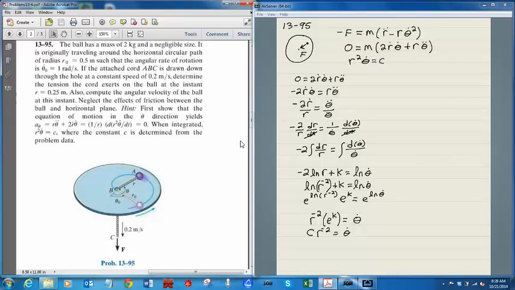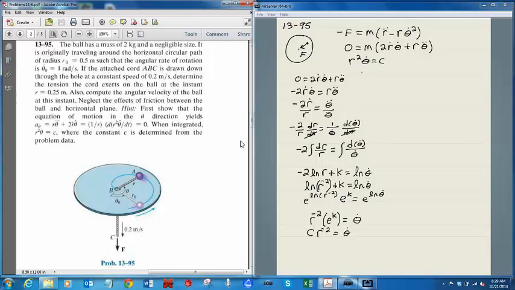So we can substitute those values in and calculate the value of C. So at 0.5 quantity squared, the theta dot was equal to 1, and that will have to equal C. So C is equal to 0.5 squared, a quarter. So C is equal to 1/4.